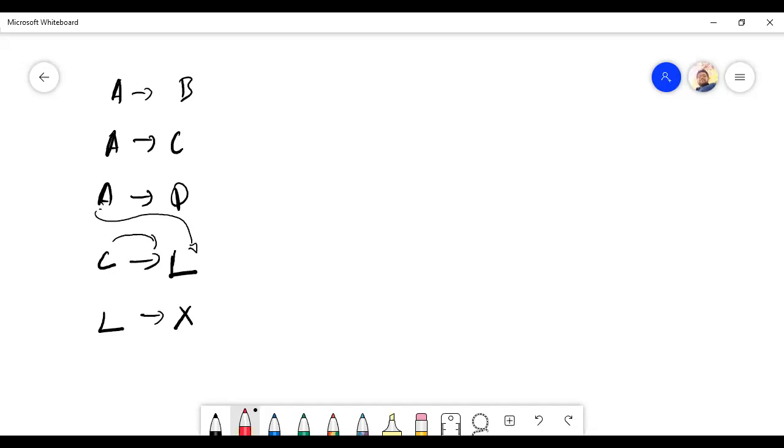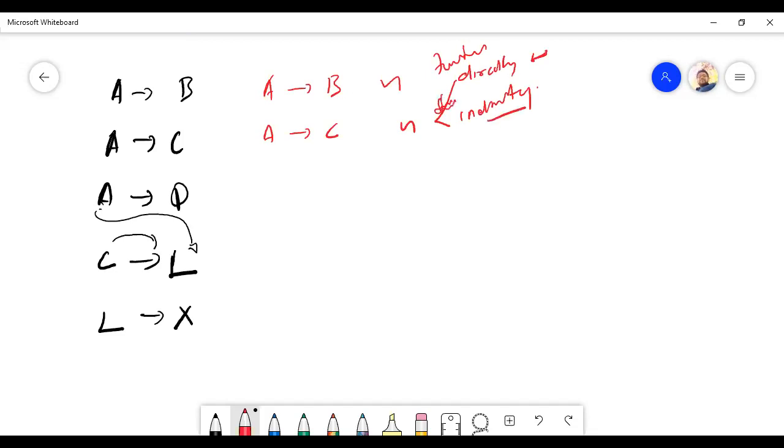Now you can see A B, A C, understood, right? I am using the word directly, then indirectly, two words. Both are functionally depending, but one is directly depending, another is indirectly depending. That is the difference. So C is functionally directly depending.